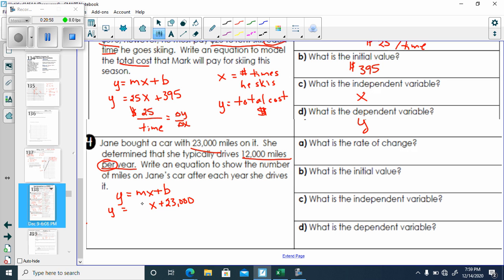That per tells us this is a rate of change. 12,000 per year times the number of years, right? So x would be number of years. y would be what? The total number of miles, right? If you're not sure, write out your rate. Let's see, 12,000 miles per year.